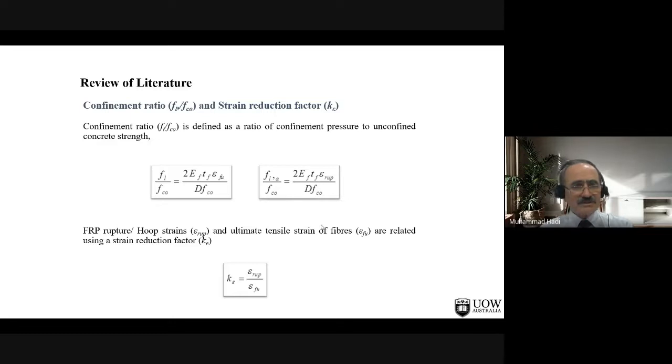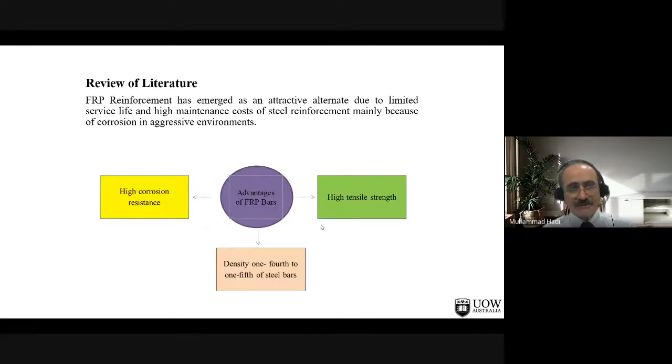It is the relationship between fl, which is the confinement stress, over the compressive strength of concrete. This comes from that equation, which is just sigma Fy equal to 0. And then you have the rupture strain divided by the ultimate strain, which is called the strain reduction factor.